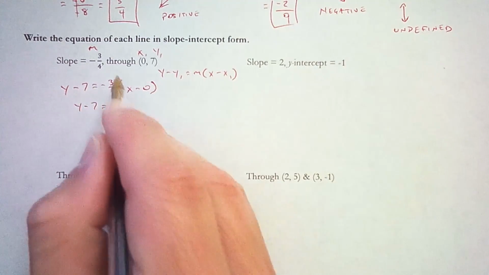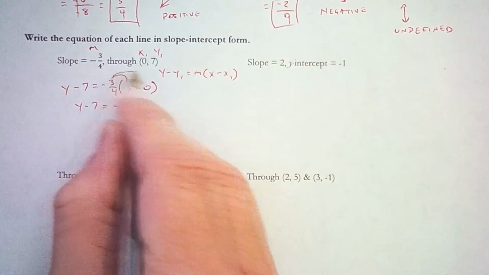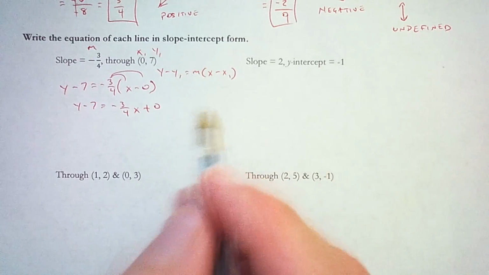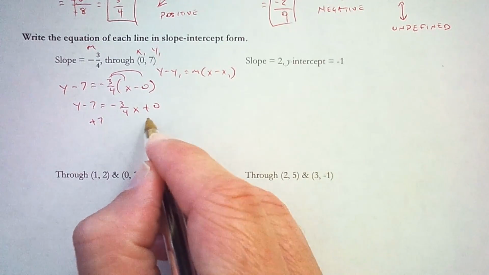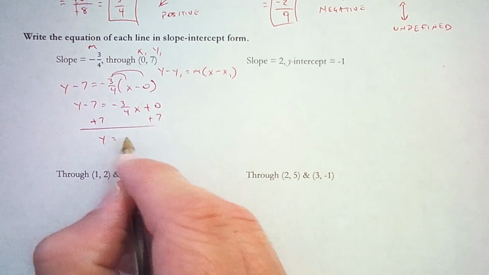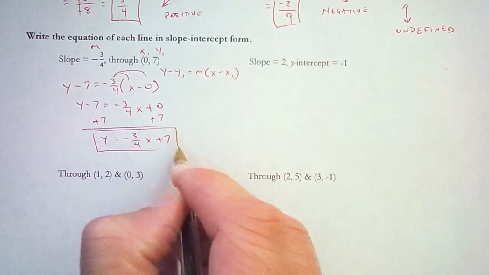So y minus 7 equals, let's distribute, negative 3/4 x plus 0. We don't really have to write the plus 0, but I did anyways. And when I add 7, that's the spot I'm going to add it. So y equals negative 3/4 x plus 7.